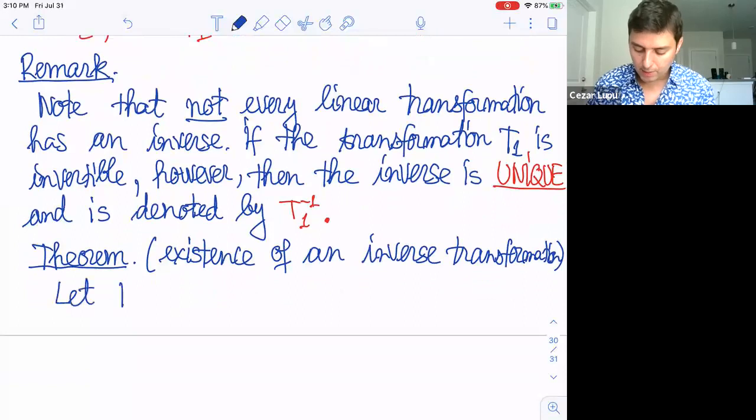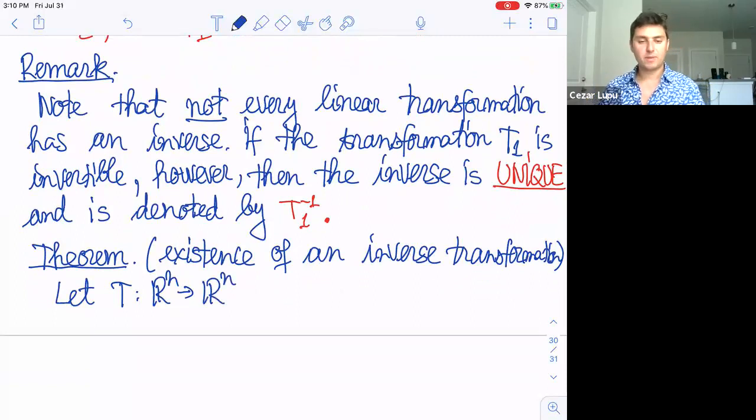Let us consider T from Rn to Rn. As you can see, both have to be of the same dimension, and you'll immediately see why.